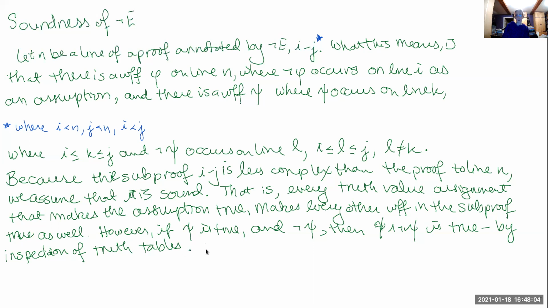But any conjunction of a formula and its negation, such as psi and not psi, will never be true. This is a contradiction and will never be true.